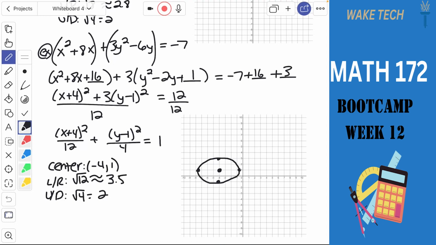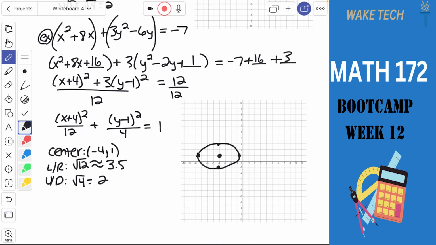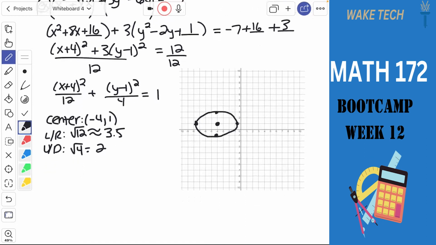Questions about that one? So let's look at, we'll do one more for completing the square.